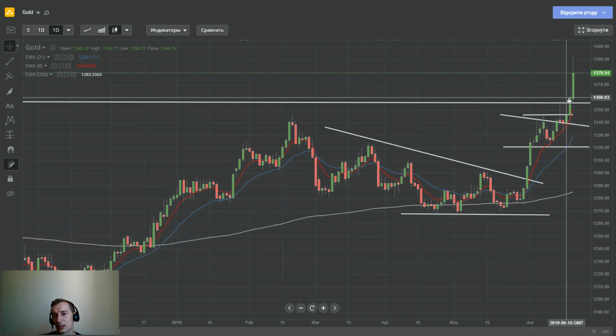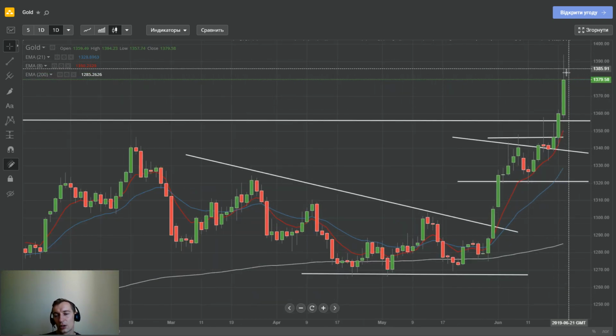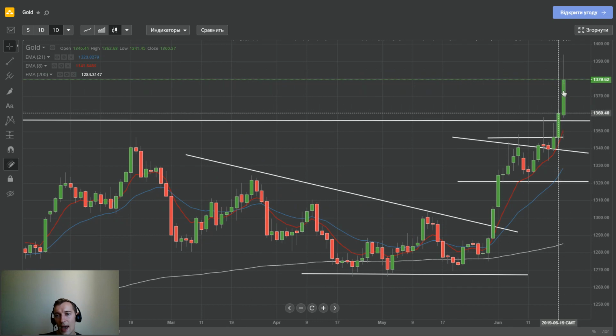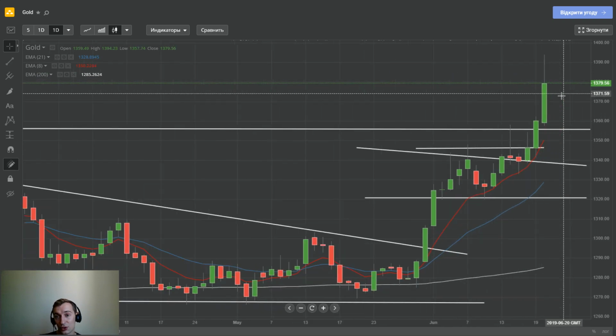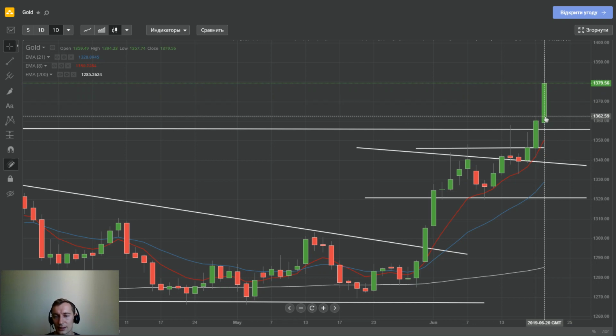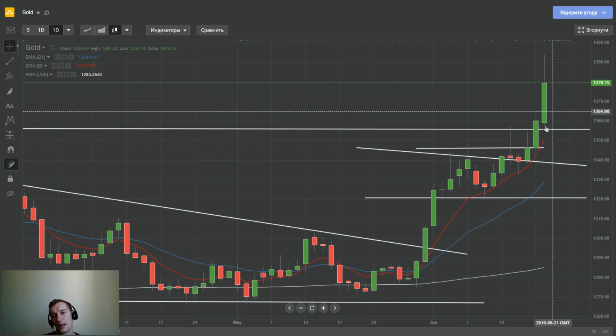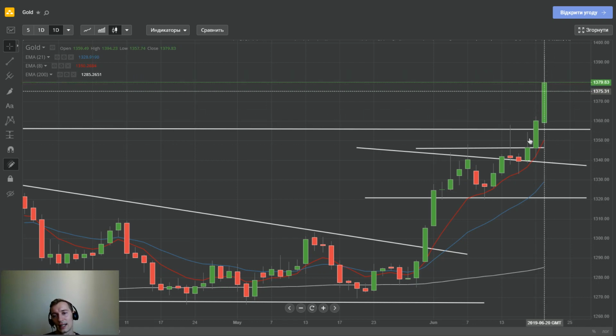You can see this nice candle closed above our resistance level, and here's the continuation movement, and actually it's an acceleration to the upside, because many traders who sat on the sidelines, many investors, saw this major breakout and they added fuel, added some buying pressure, and that's why we have this nice acceleration move.